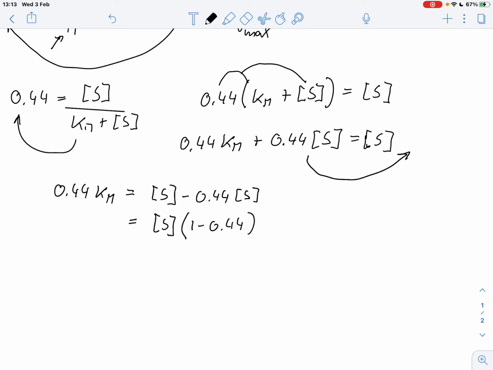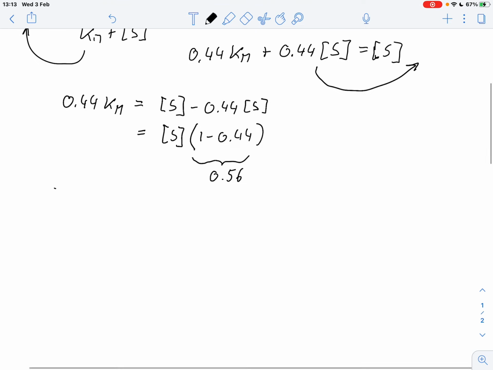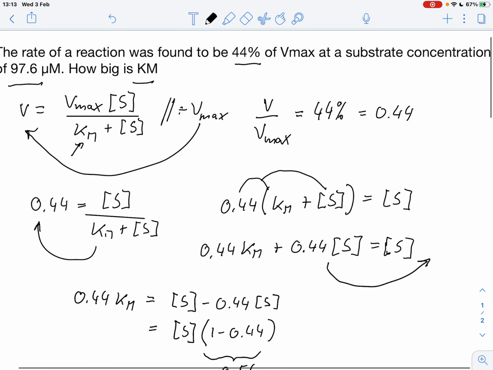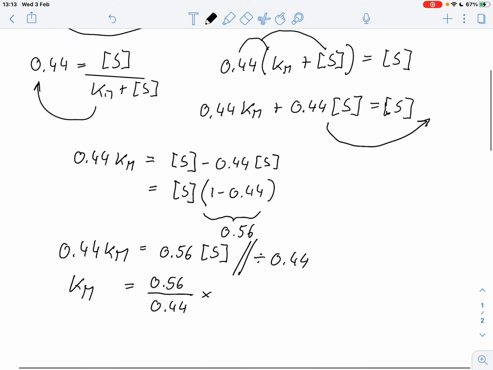which of course is 0.56. So we have 0.44 Km equals 0.56 times S. All I need to do is divide both sides of the equation by 0.44, and I've got Km equals 0.56 divided by 0.44, and we've been even given a concentration of S that was 97.6 micromolar.